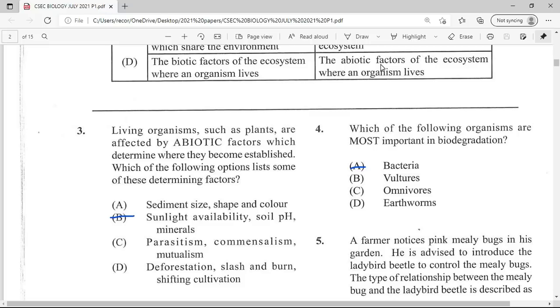Earthworms, they play a very, very important role in aerating the soil and in breaking down plant remains as well. So we could consider them to be detritivores. They work in that whole process. The things that are responsible for cycling nutrients and real degradation is always going to be your fungi and bacteria. So our answer here is bacteria for number 4.